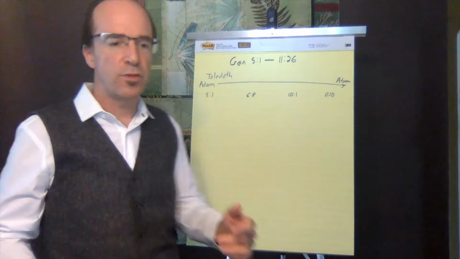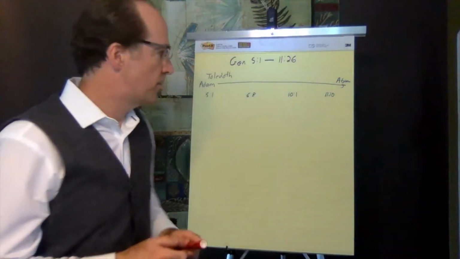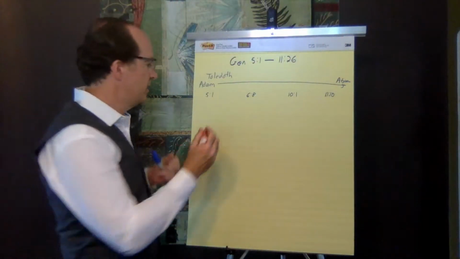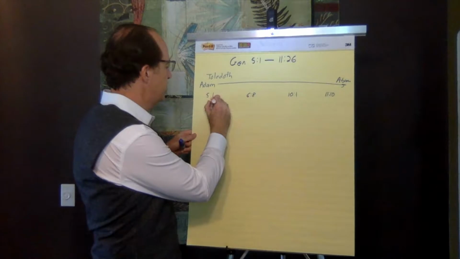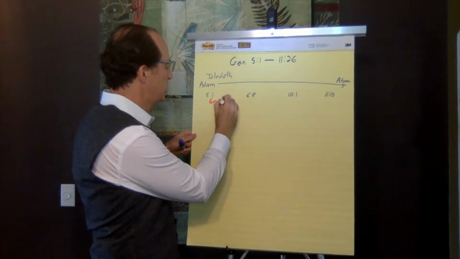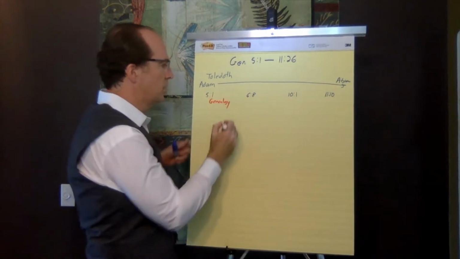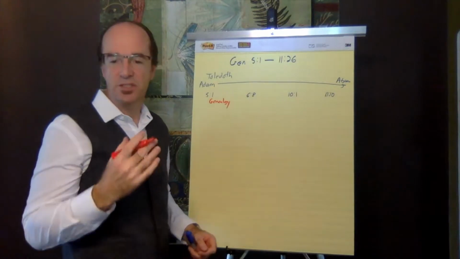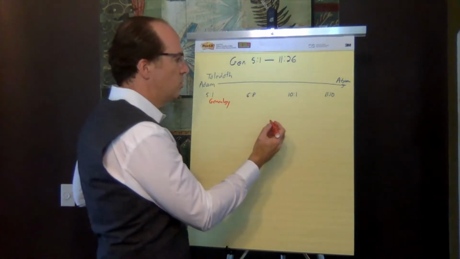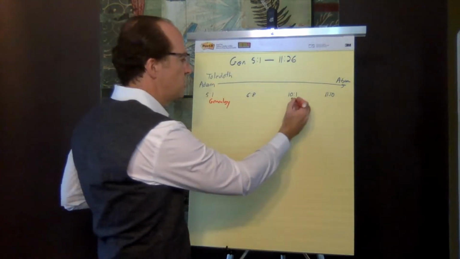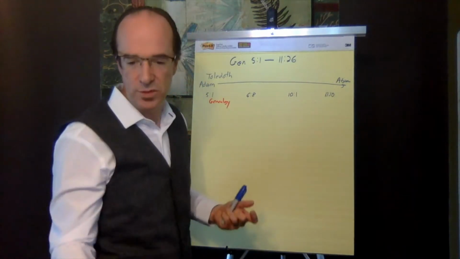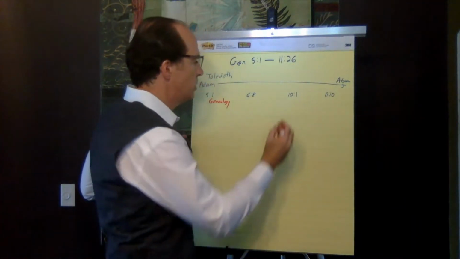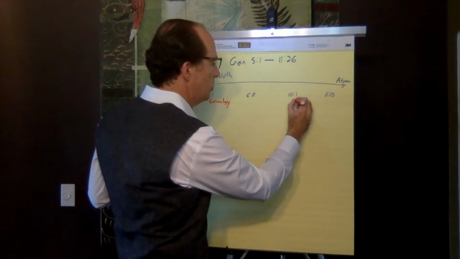Now, a couple of the other things that can help us is we want to note the presence of genealogies, right? And so we have a genealogy right here. Then we have a second genealogy which runs from 10.1 to 32.